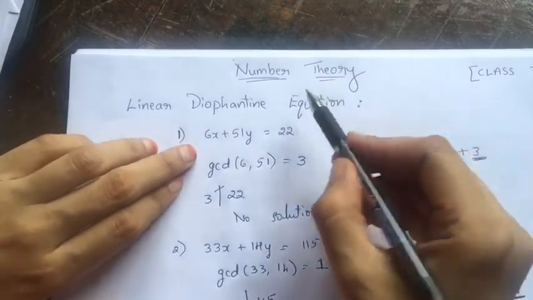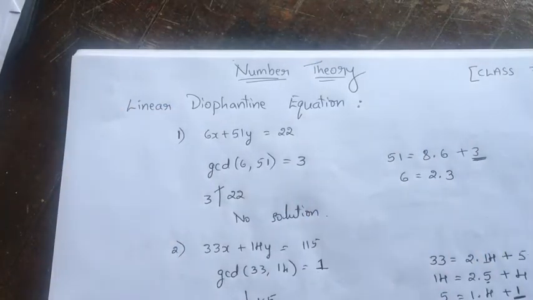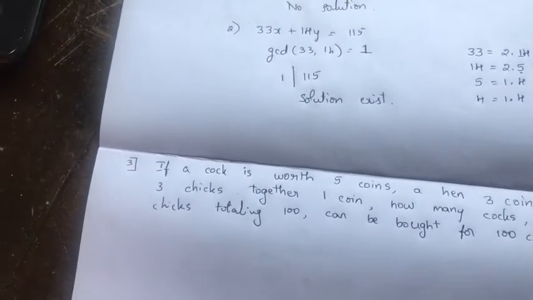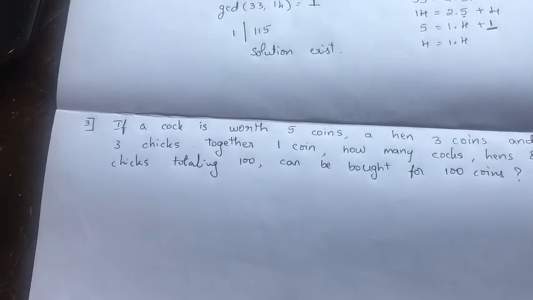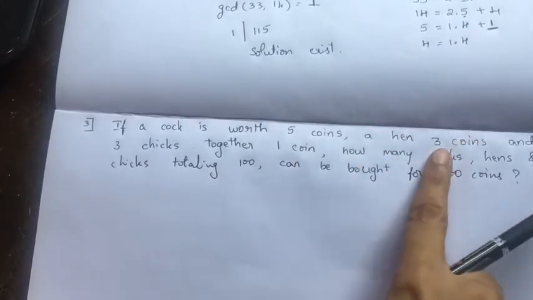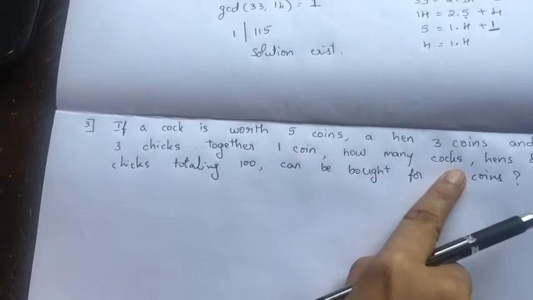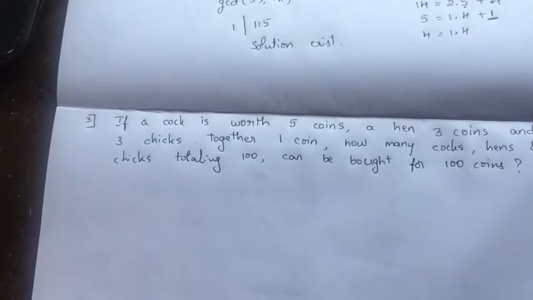Similarly, the question will be to check whether it is solvable or not. And we'll take up another type of problem. It's a word problem. In fact, it's a famous problem, the 100 fowls problem. It says: if a cock is worth 5 coins, a hen 3 coins, and 3 chicks together 1 coin, how many cocks, hens, and chicks, totaling 100, can be bought for 100 coins?